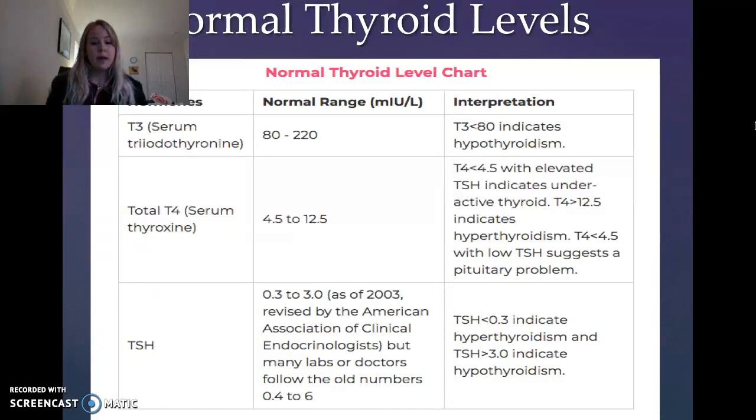T4 from 4.5 to 12.5 would be normal, and anything below 4.5 would be hypothyroidism only if TSH is above 3. So the two counteract each other: TSH would be high and T4 would be low, and that would tell you that you have hypothyroidism.